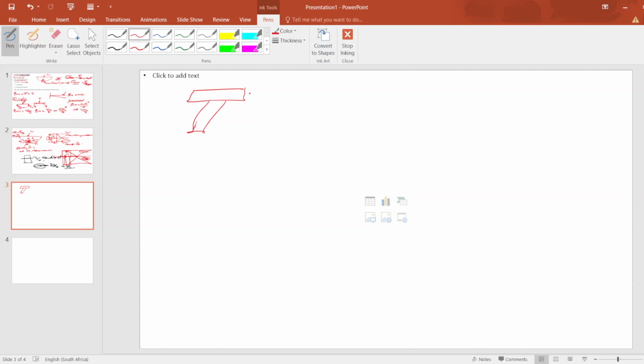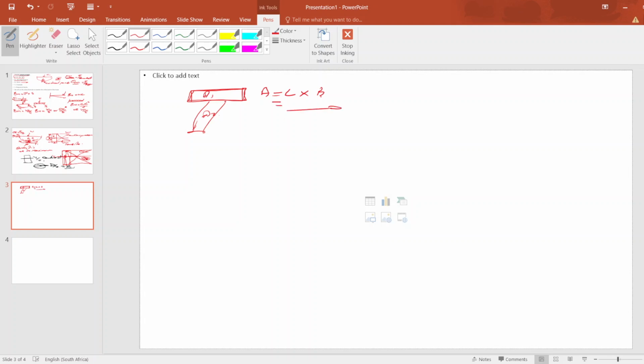For instance, if it's a T beam, I can denote this one as my area 2 and that one is area 1. I know how to calculate the area of this shape here. How do I calculate it? It is length times breadth. Then I get what? The area.